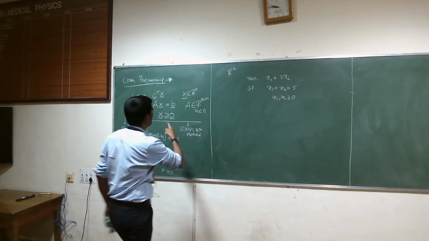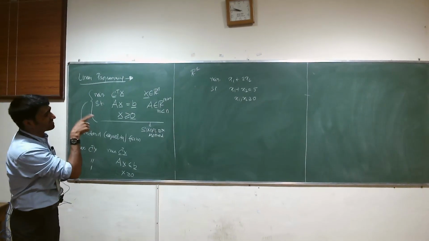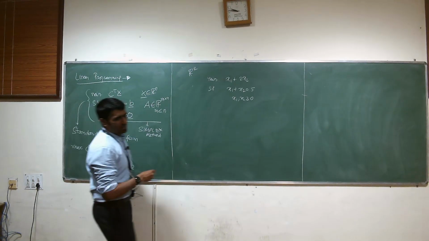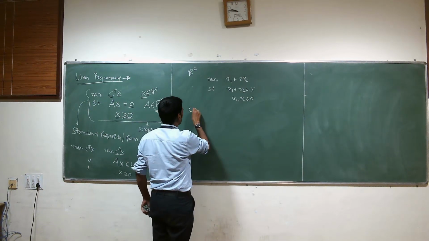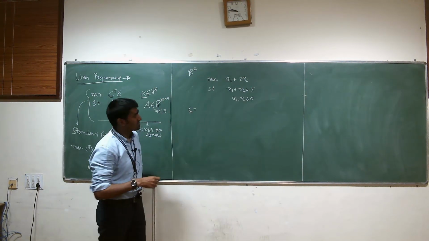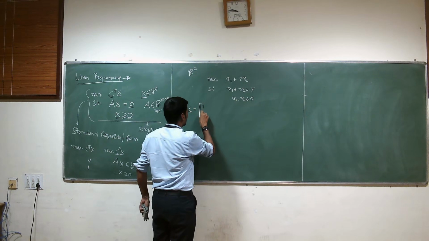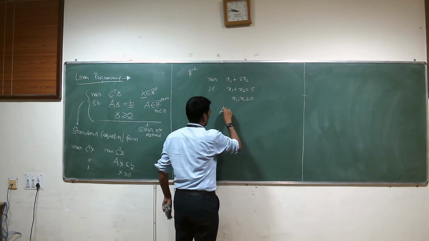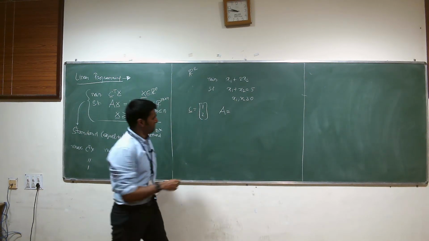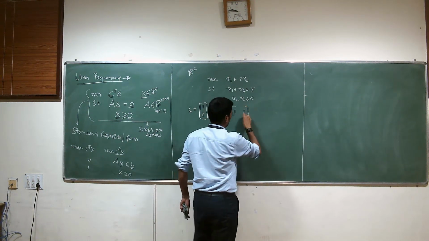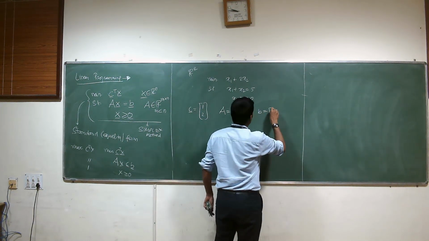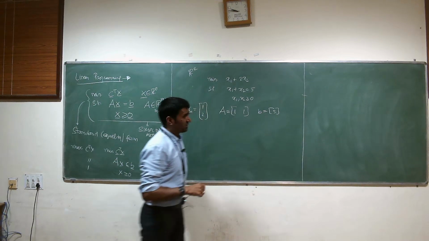What are C, A, and b here? What is C? 1, 2. Yes. What is A? And that's b. Okay, that's the problem.